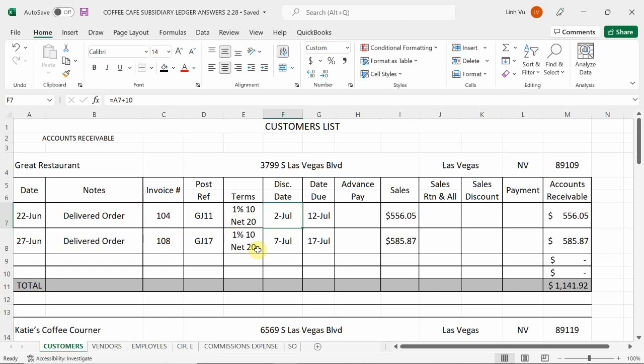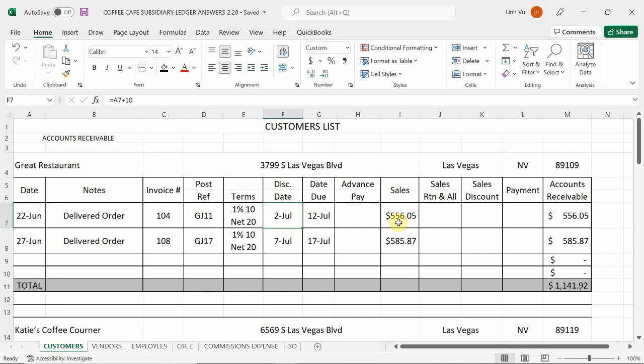Now, let's take a look at this, right? What do we know to be true that's included in this price here? $556.05 includes $30 worth of delivery charges.